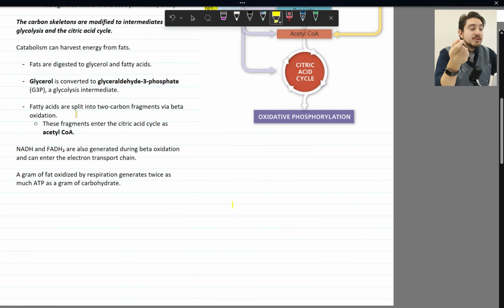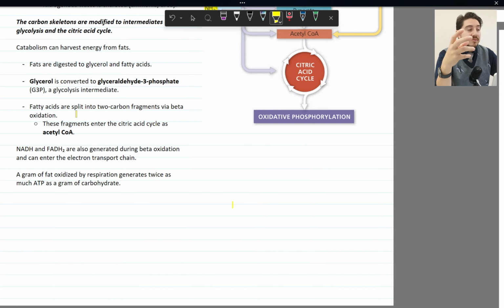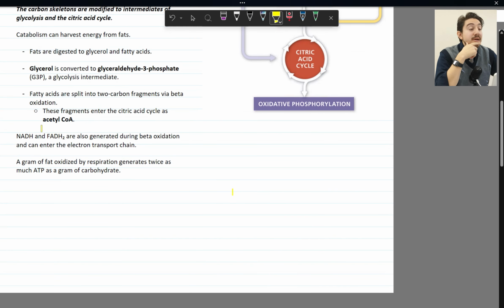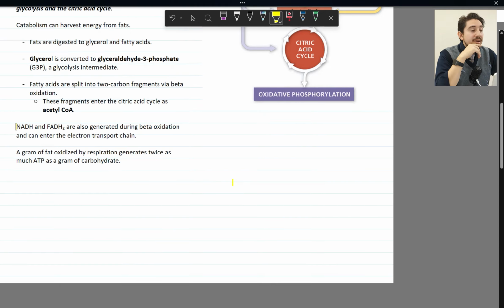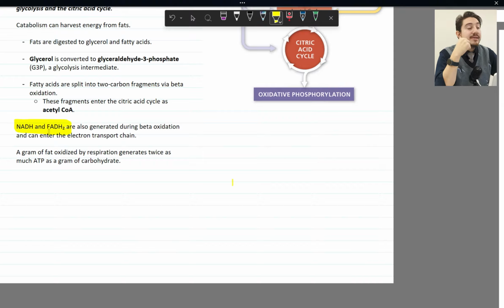Fatty acids can be turned into 2-carbon fragments via beta oxidation. These fragments ultimately can turn into acetyl-CoA and enter the Krebs cycle. Then you have the production of NADH and FADH₂ to enter the electron transport chain.